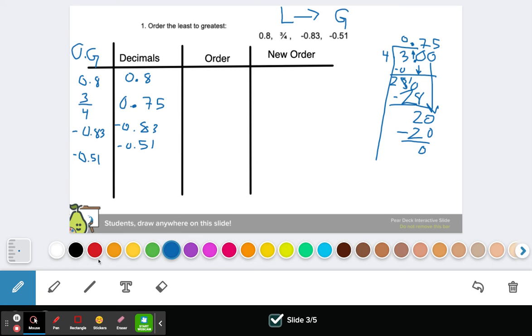All right. So now what we got is, when we want to order our numbers from least to greatest, my least amount of numbers, or my numbers that are worth a lot less, for sure, comparing between positives or negatives, right? And remember, when I am comparing my negatives, the numbers that are farther from 0, such as the 0.83, is farther from 0 than the 0.51 hundredths, right?